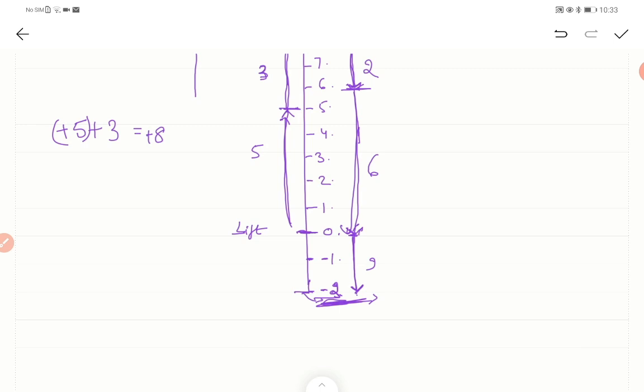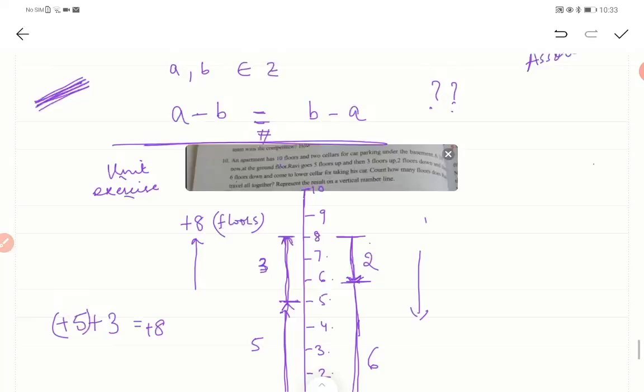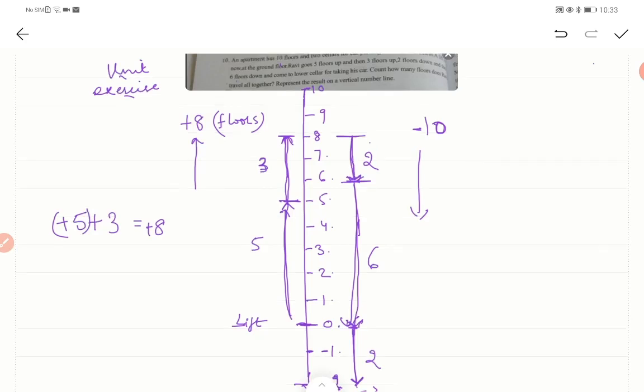So how many floors did he come down altogether? 6, 7, 8, 9, 10. Since it is representing downwards, I will take this as minus 10. So overall how many floors did he travel? I can say it is 8 plus 10, totally 18 floors.